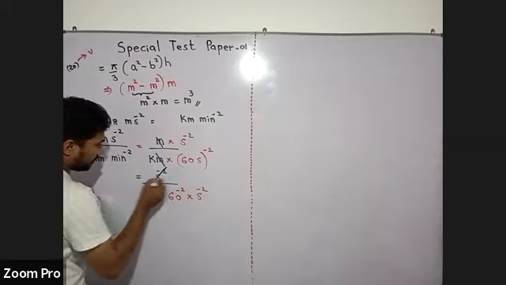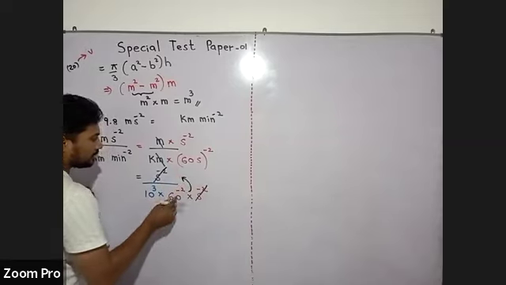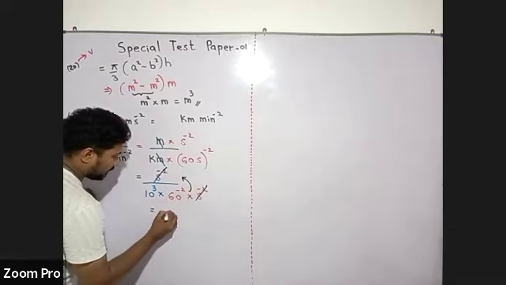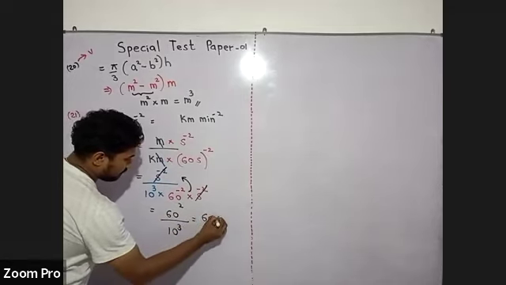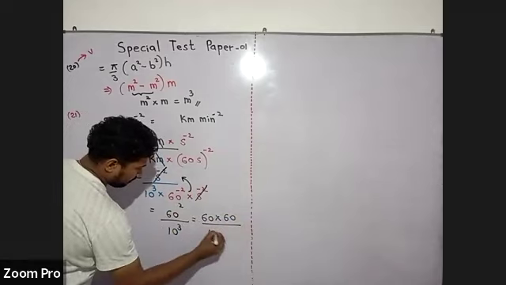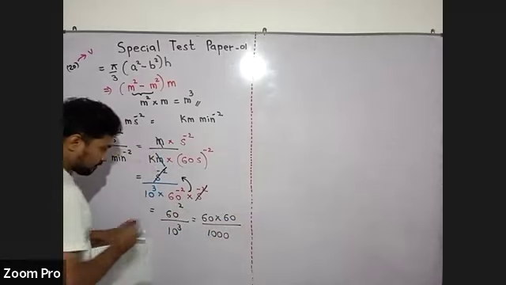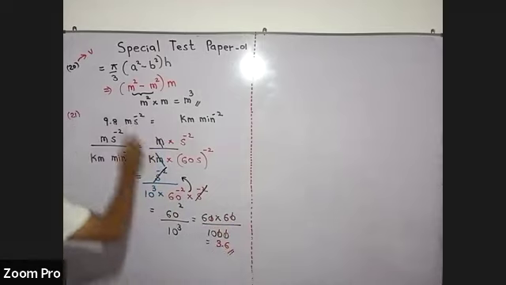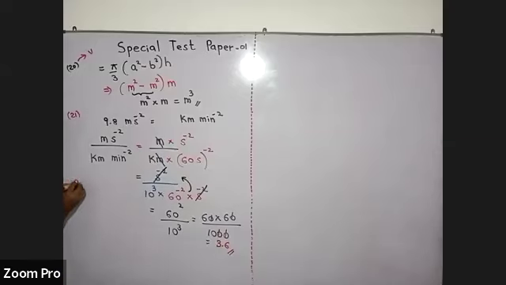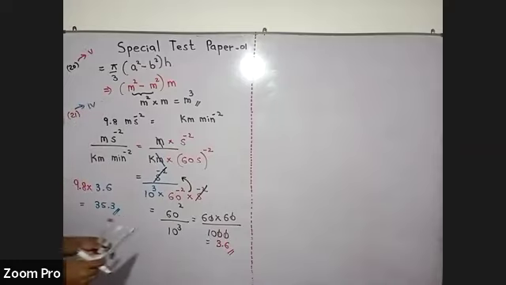So then we can cancel these two, and if I take this 60 to the power minus 2 into the numerator, it is converted to positive, right? So let's make this further simplification. That means 3.6, right? So in order to convert this unit into this one, we have to multiply the given numerical value by 3.6. So the answer should be 35.3. Then the answer is the fourth one. Right, guys?